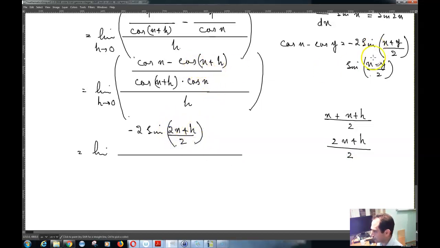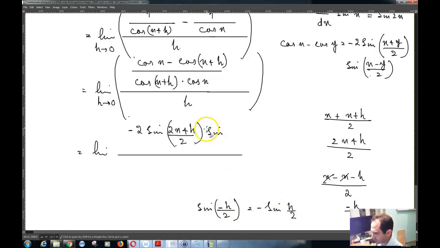And then you have sine of (x minus y) divided by 2. So sine of (x minus y) is (x minus h) divided by 2, which is equal to, so these two will cancel out, that's negative h divided by 2. Now sine of negative h divided by 2 is equal to negative sine of h divided by 2.